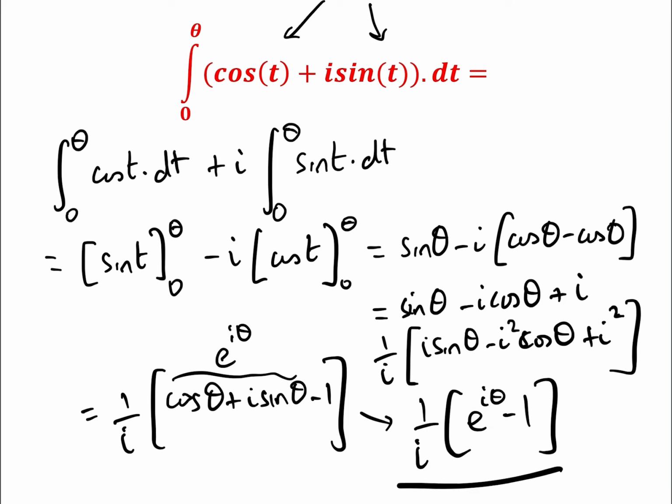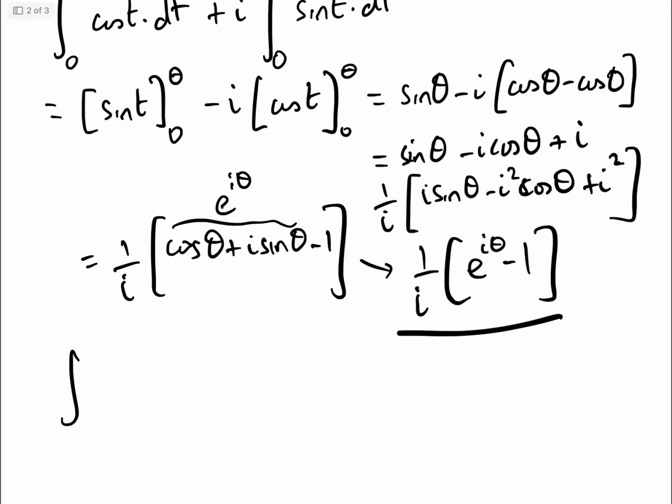And that's method 1. But we are going to do another method, because what we could do is rewrite this here as e to the i t. So instead of cos t add i sine t, we could write it as e to the i t.